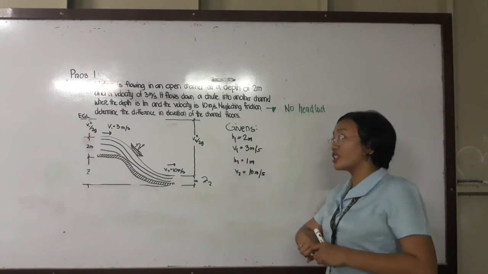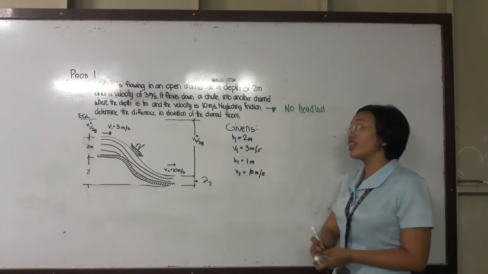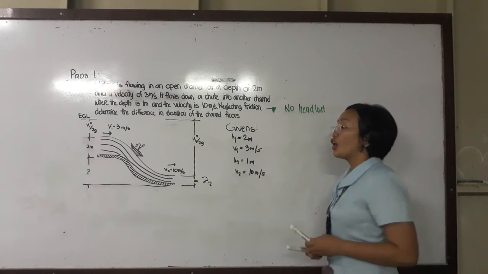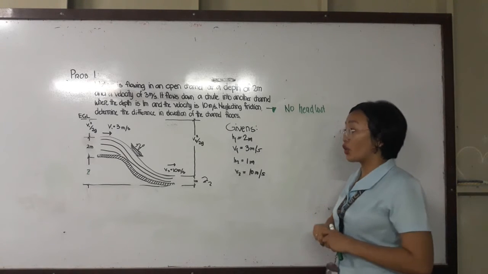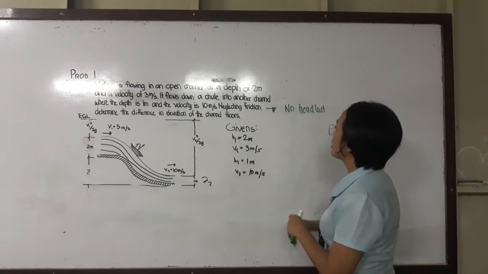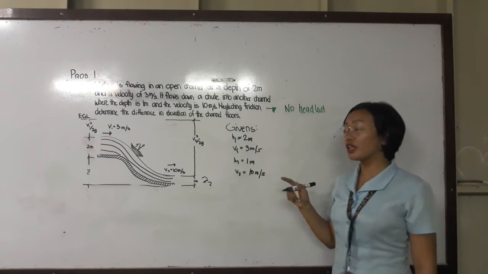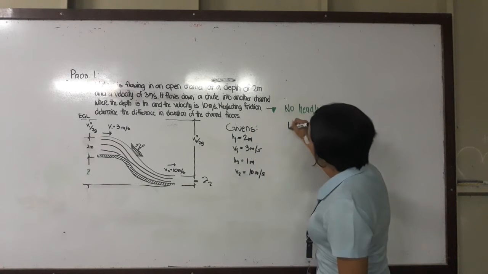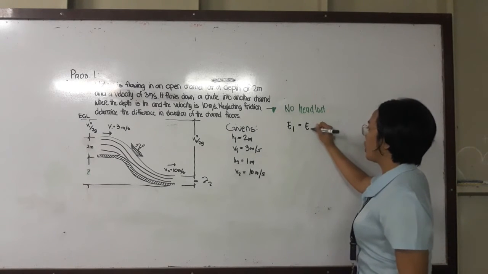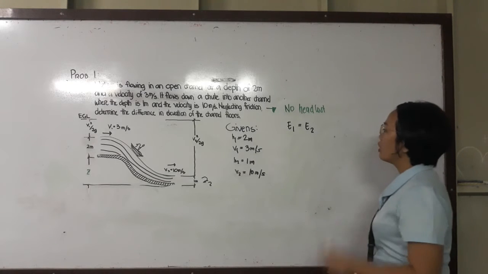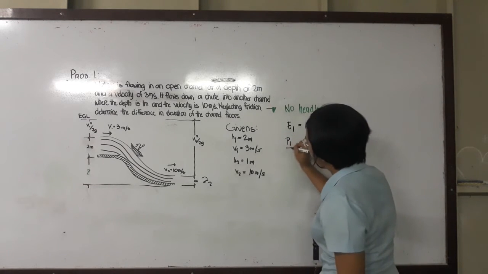Since this problem has no head loss, it gives us the idea to use the energy equation without head loss. As we discussed earlier, the energy equation for that is E1 equals E2. To expand this, we have this equation.